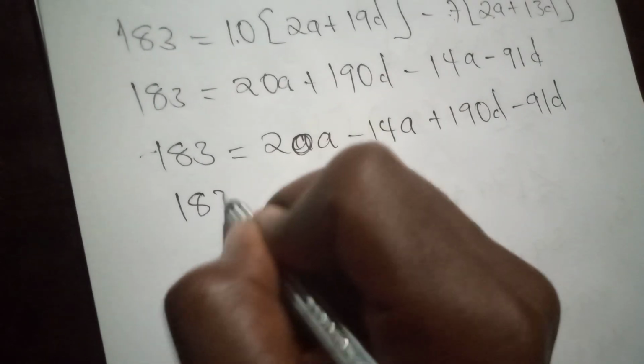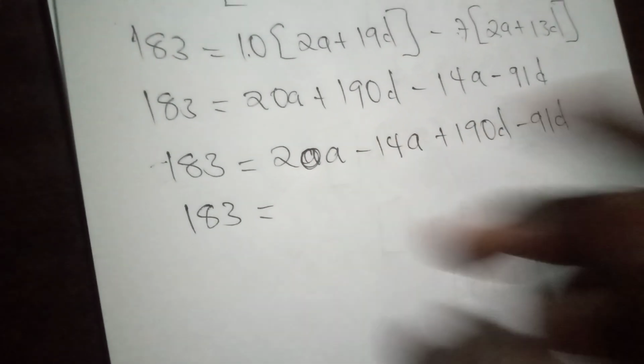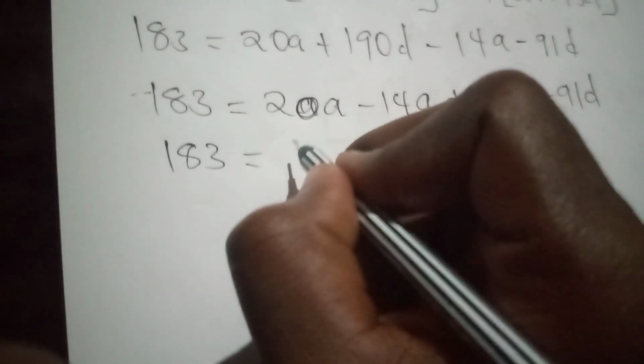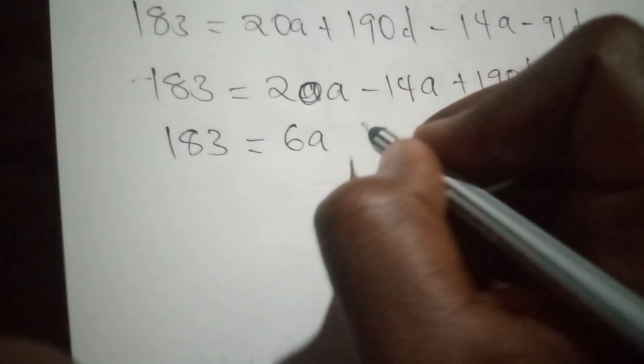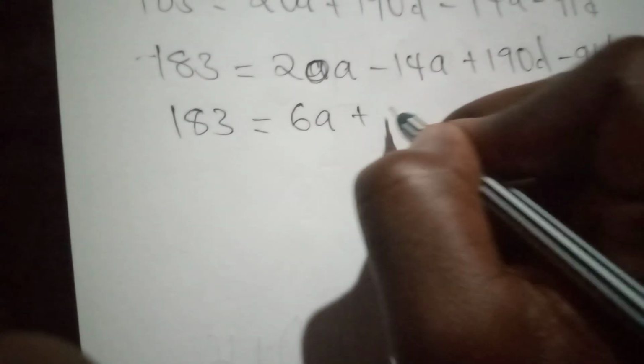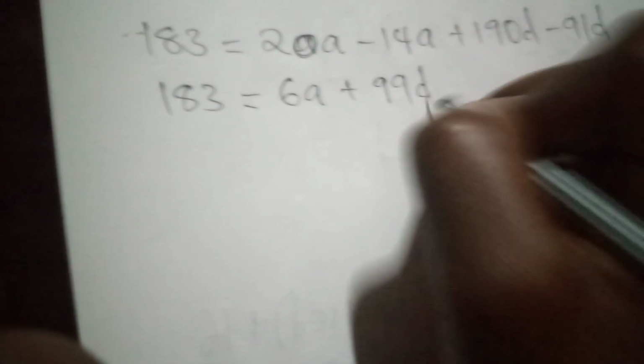When you simplify, you are going to have 6a plus 99d.